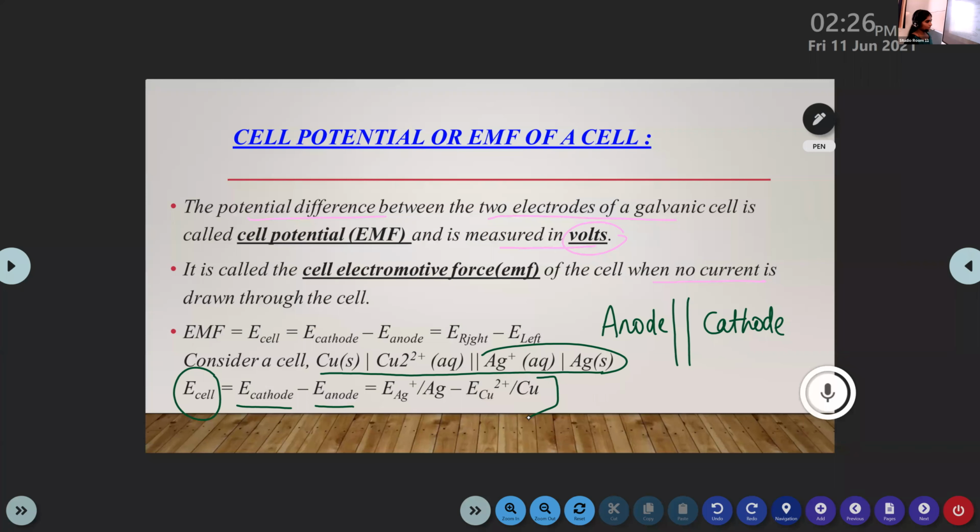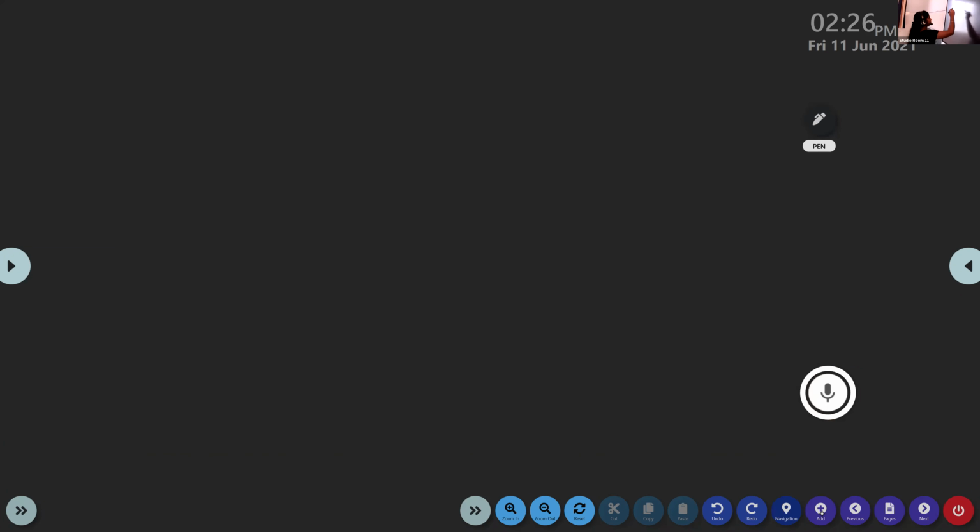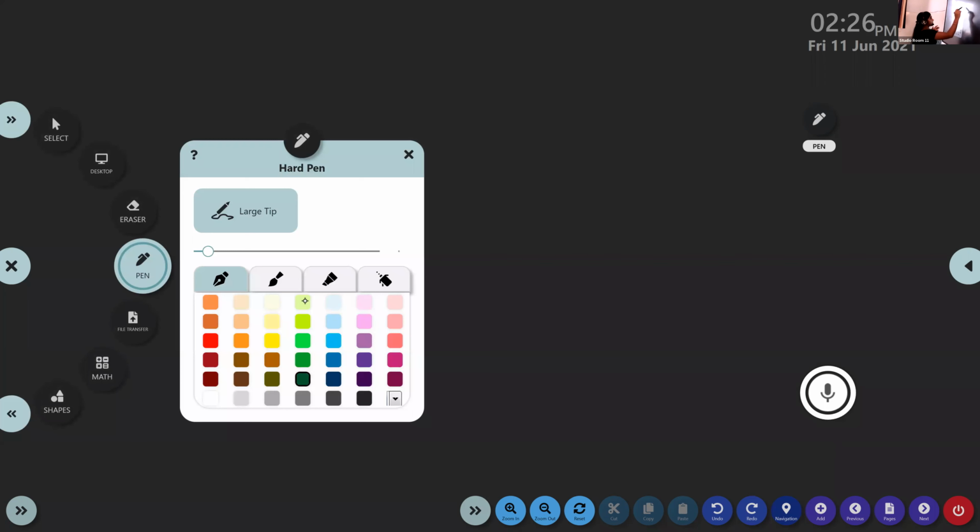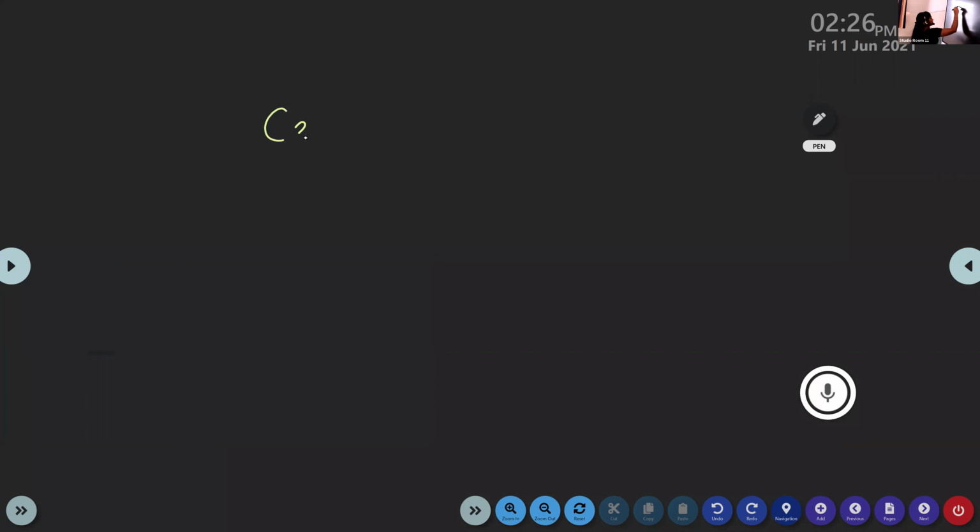Then all of you just write down the cell potential of the galvanic cell. Just wait. Cell potential of galvanic cell. Ma'am, can you show the last page once more? Sure.